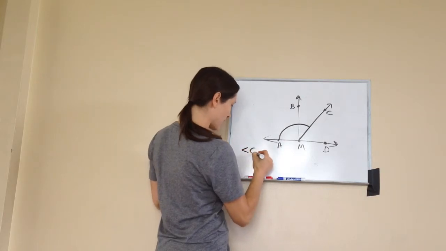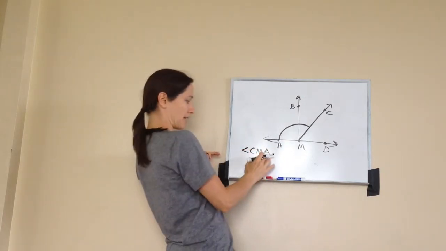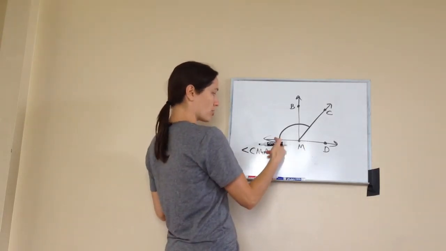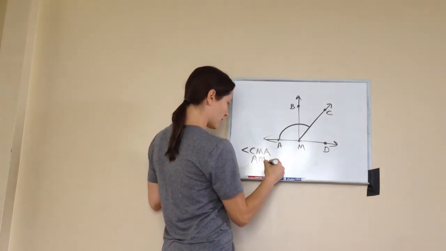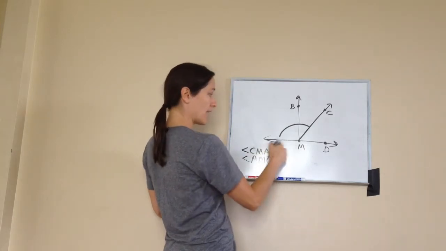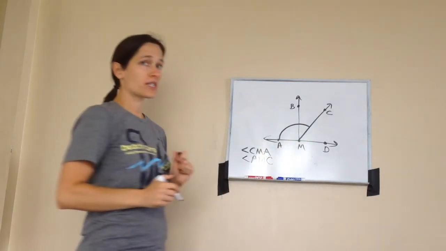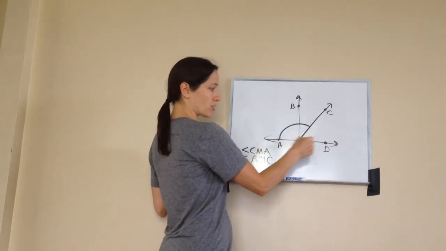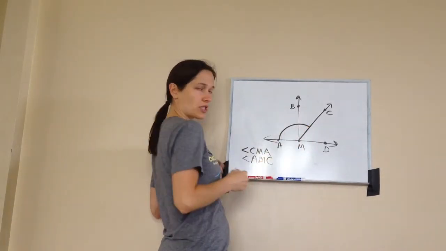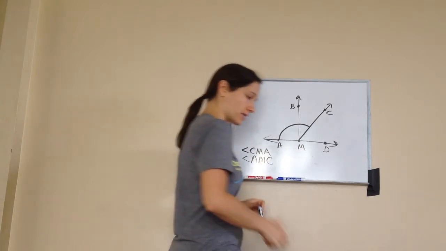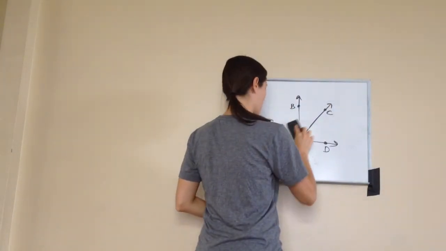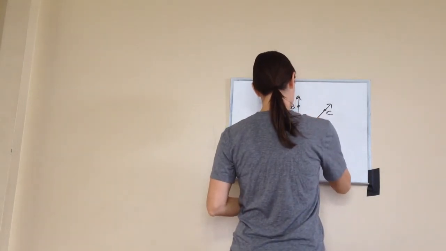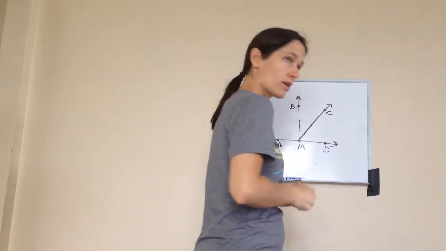So you would label it angle CMA, or again, you could have said AMC. I would not want to label this just angle M because for angle M, there's a lot of them. So this is one of those points where you could not do that.